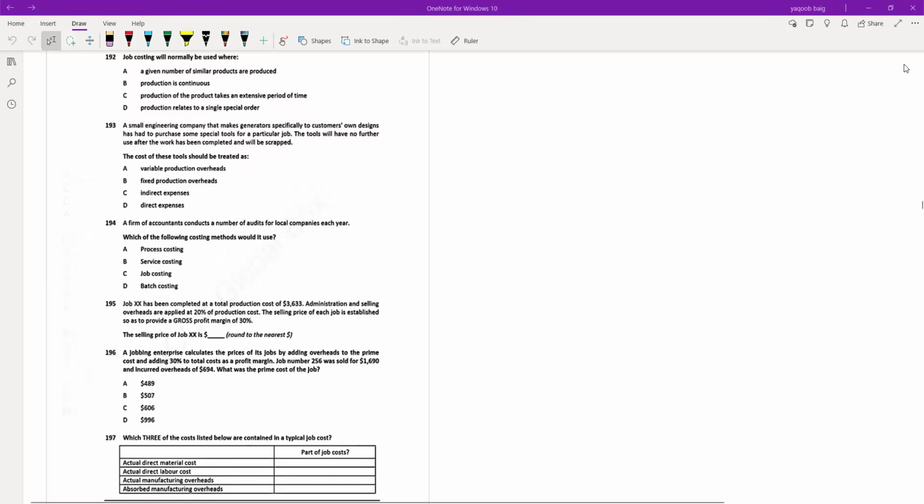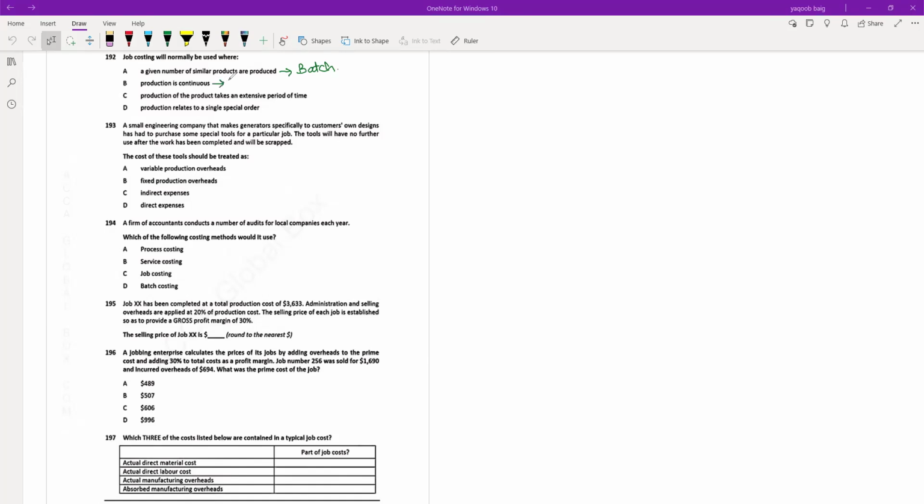Next one: job costing will normally be used where a given number of similar products are produced. This one is not correct for job costing. This one is correct for batch costing. Production is continuous. Production is usually continuous in process costing.